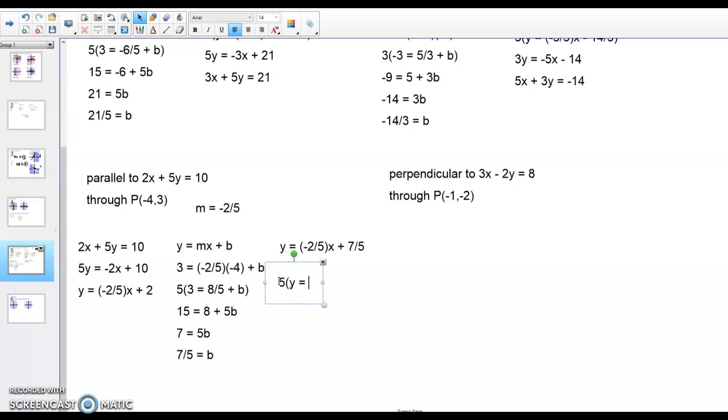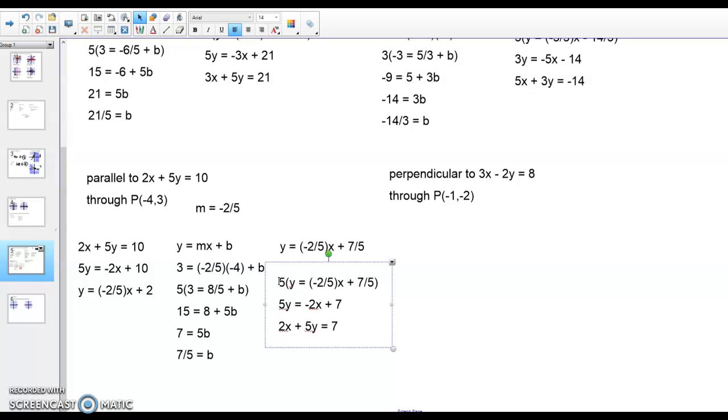So y equals negative 2/5 x plus 7/5. I'm going to multiply everything by 5. We get 5y equals negative 2x plus 7. And then we add 2x to both sides. And we get 2x plus 5y equals 7.